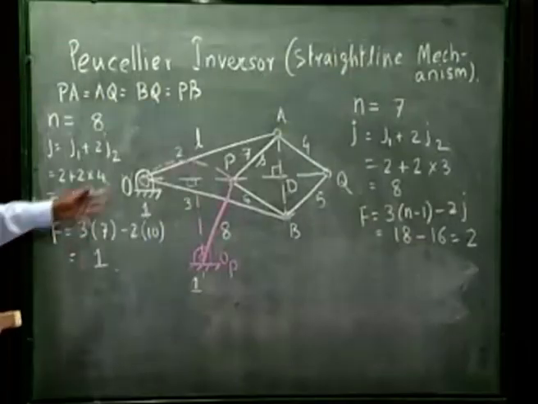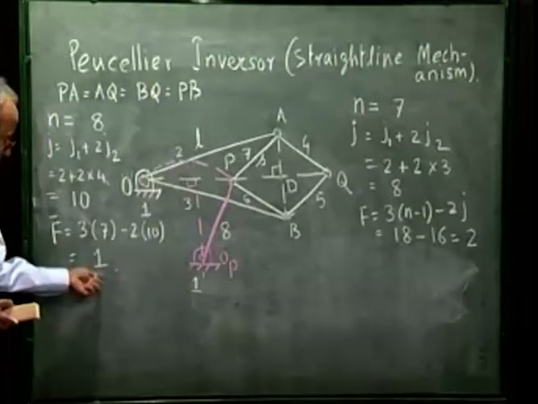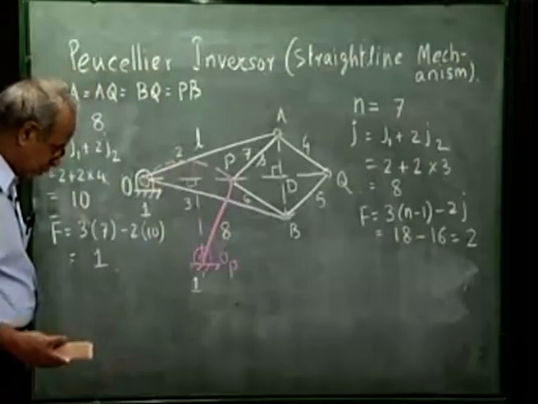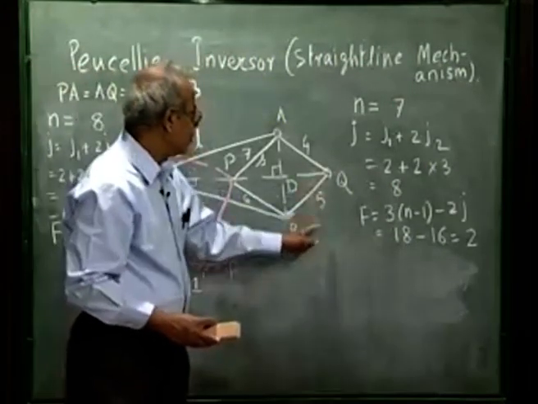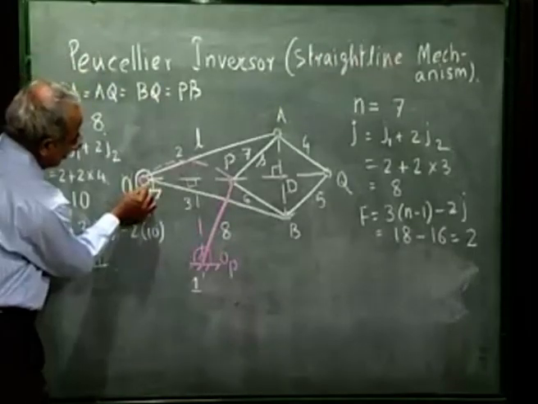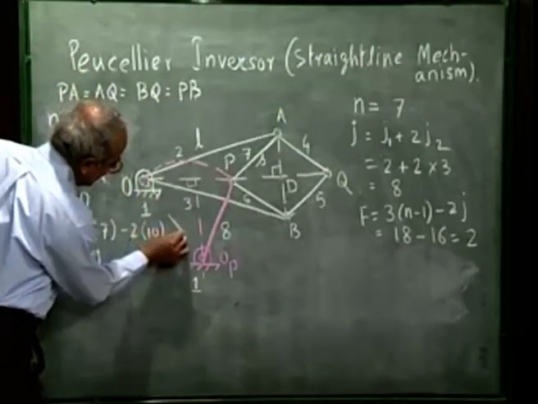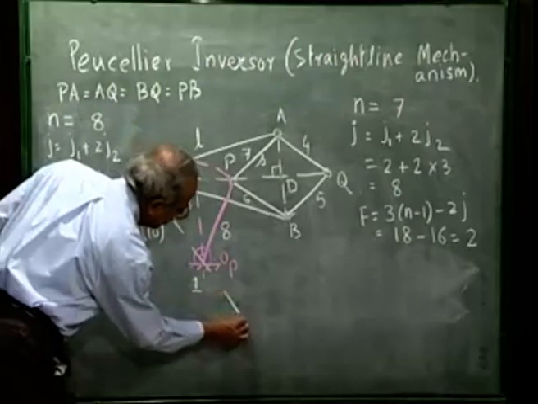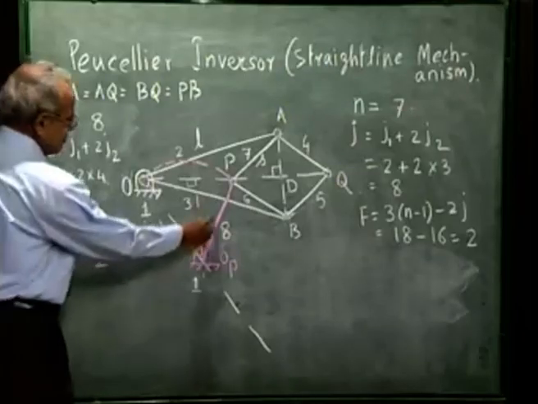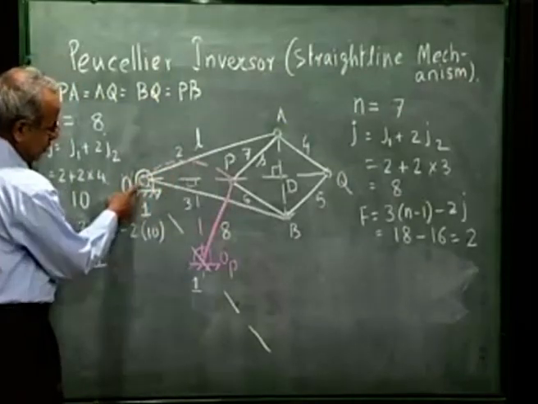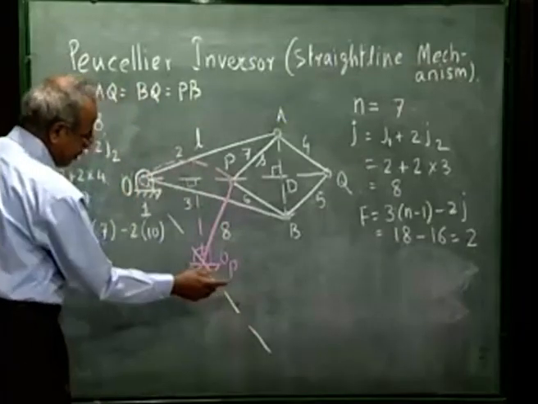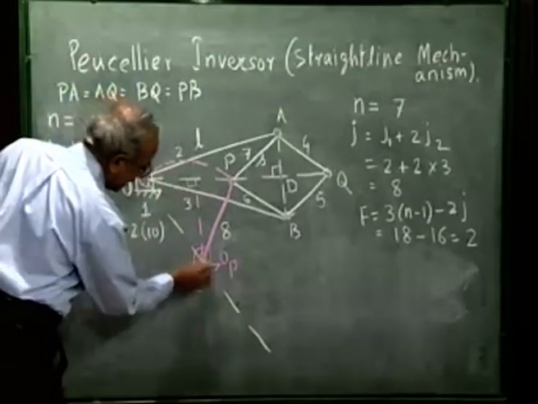So, we have got an 8-link mechanism with single degree of freedom, where the dimensions are so chosen that Q will move along a straight line, which is perpendicular to this line OOP, because P is moving along a circle passing through O, and this is the diameter of that circle, which we called along the line OOP.